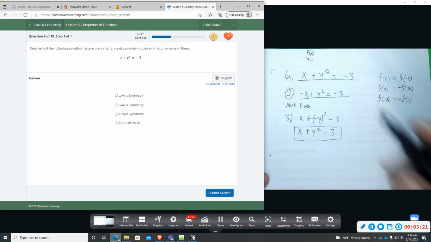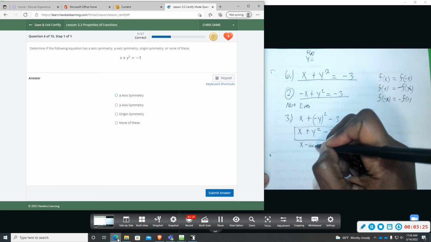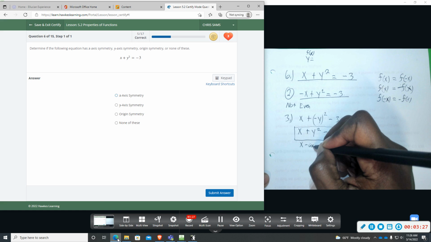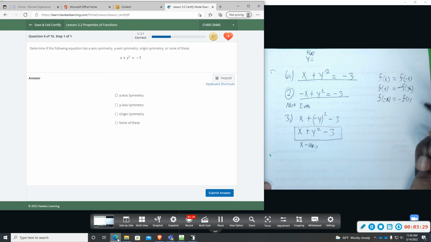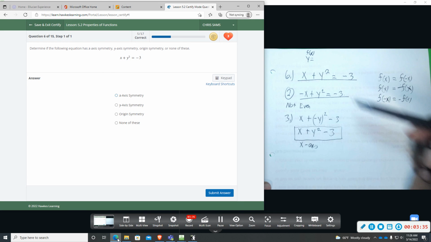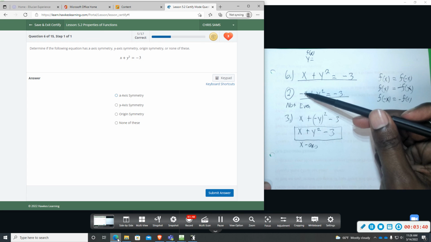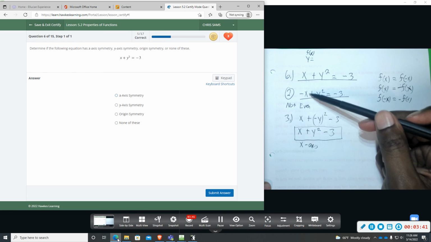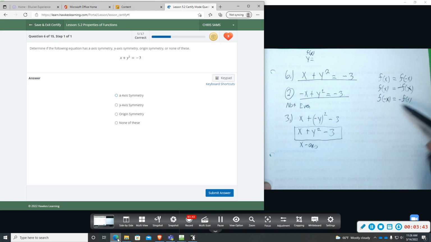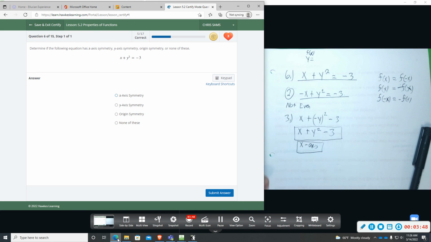So this has x-axis symmetry. And then I can compare these two. When you make x negative and y negative, compare those to each other. So this one I made x, this one I made y, compare them to each other. Are they the same? No. They have different signs on the x. So it's not odd. So it only has x-axis symmetry.